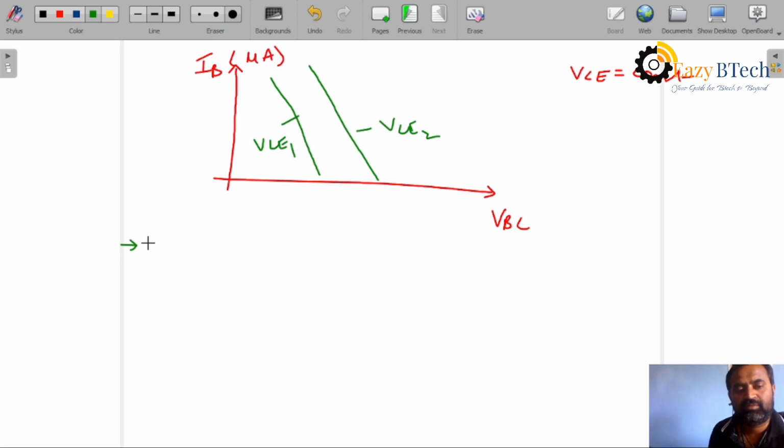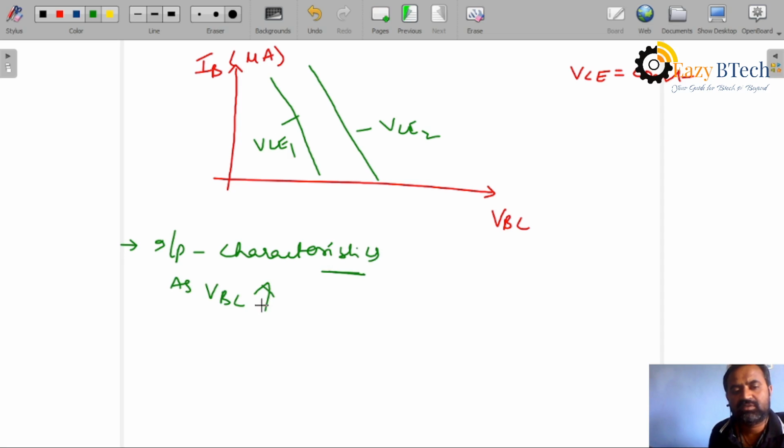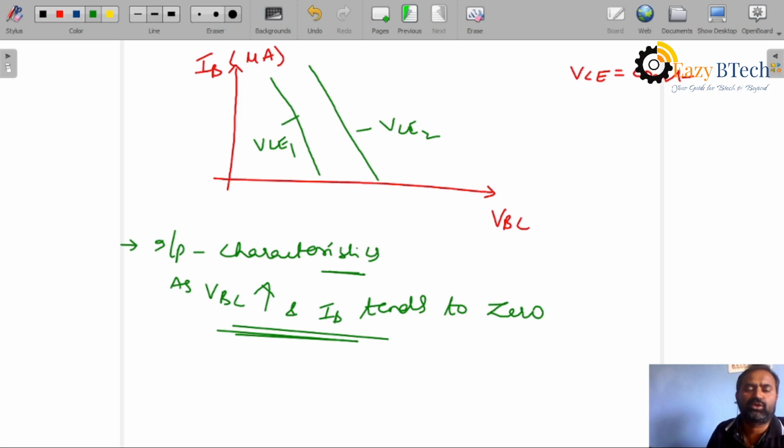Okay, input characteristics. As VBC increases, IB tends to 0. This is from the input characteristics.